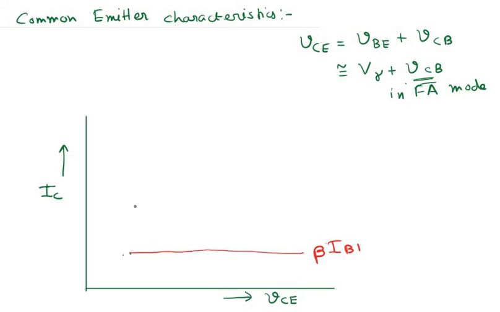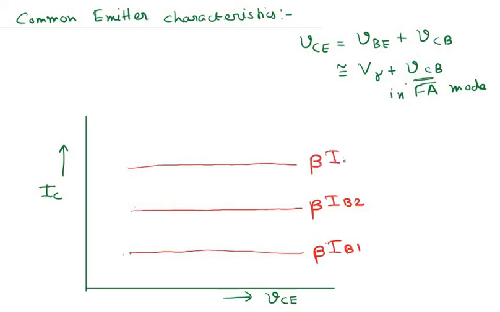Then for another value IB2, this is beta times IB2 here. Then this is beta times IB3 here.